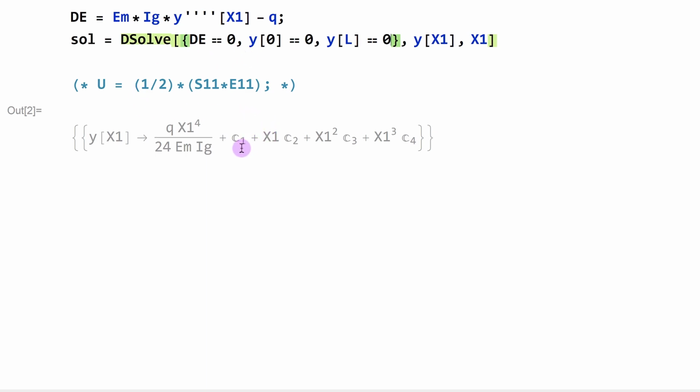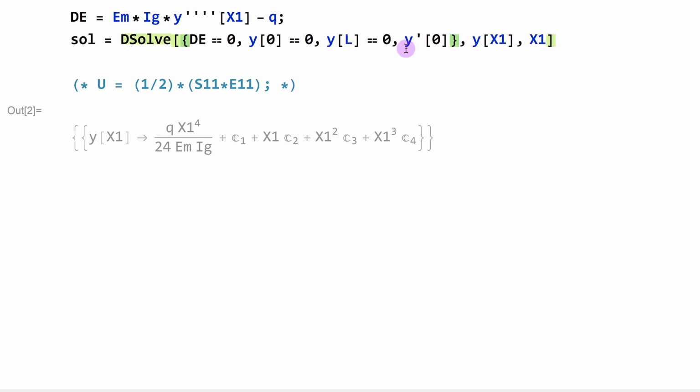But as we see below, we have 1, 2, 3, 4 coefficients, so I need two more. Another property about fixed end beams is there's no rotation at the ends. Anytime something is fixed, there's no rotation. And we know that the rotation is simply the first derivative of the deflection function. So I know that y prime, which is the rotation, at both ends is equal to 0.